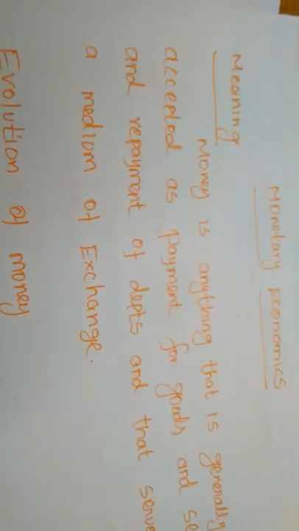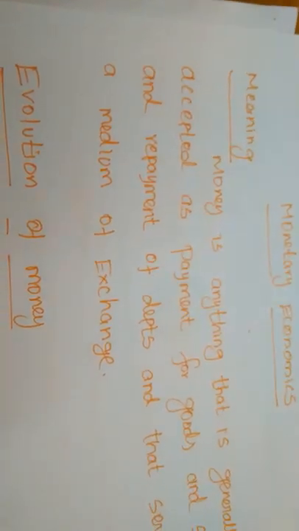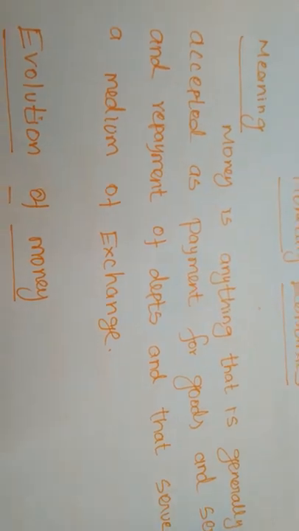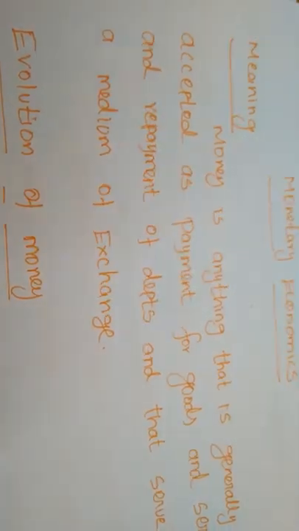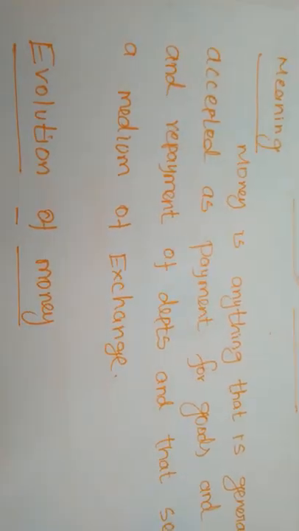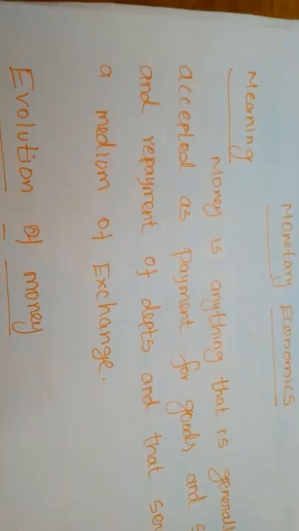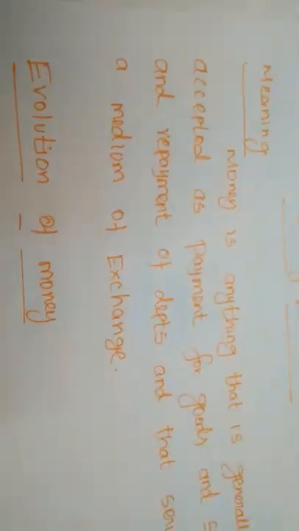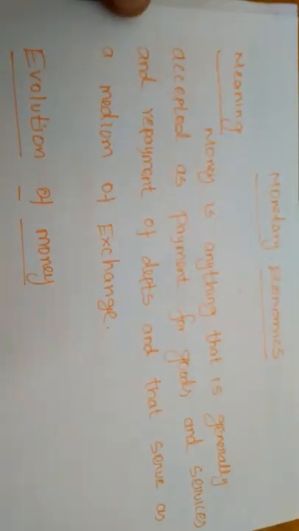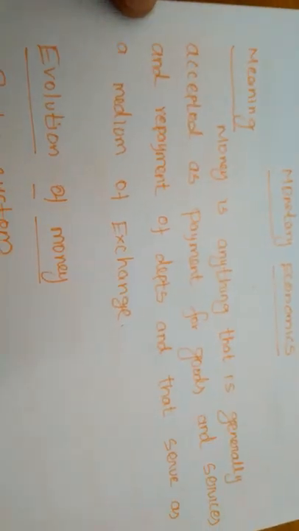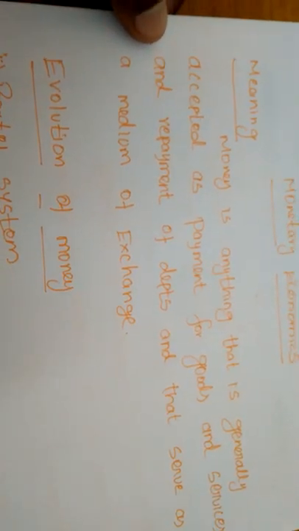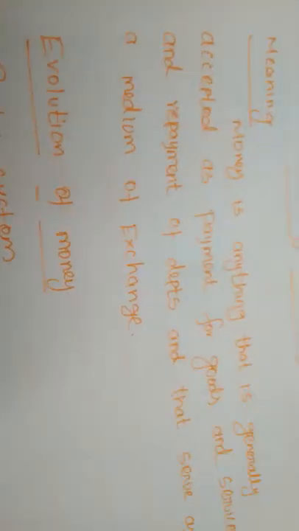This thing must be acceptable by all the people throughout the world for their buying and selling activities. That same thing acts as a medium of exchange, a measure of value and a store of value.